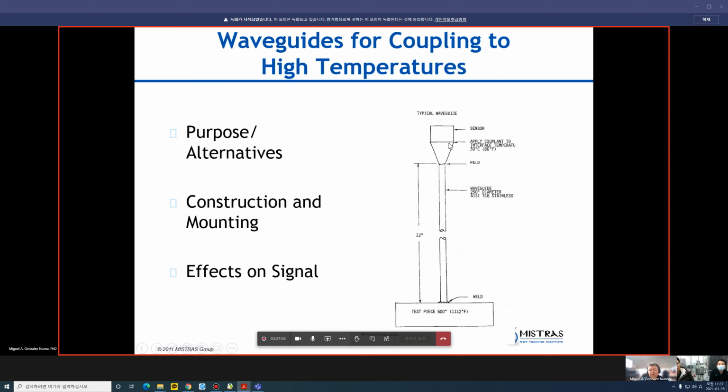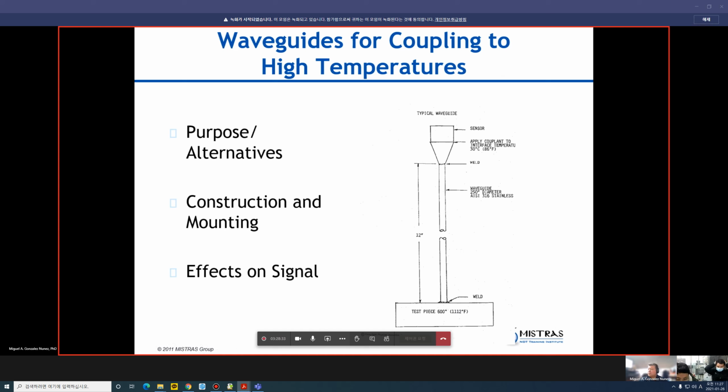It has on one end a cone-shaped base where you mount the sensor at the top, and you weld the other tip of the waveguide to the test piece. The signal is transmitted through this rod and reaches the sensor tip. The idea of using this rod is just to dissipate the heat, so that it doesn't affect the performance of the acoustic emission sensor.